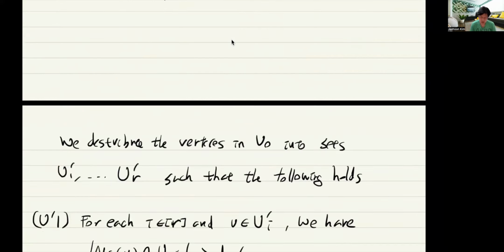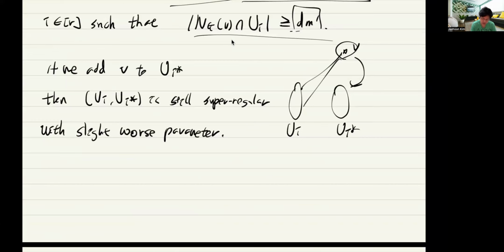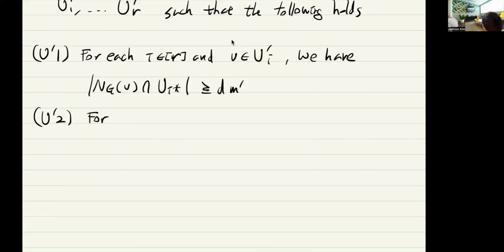And while you're doing that, you will add some number of vertices to U'_i star and U'_i. You want to make sure that after adding them, it's still superregular with slightly worse parameter.